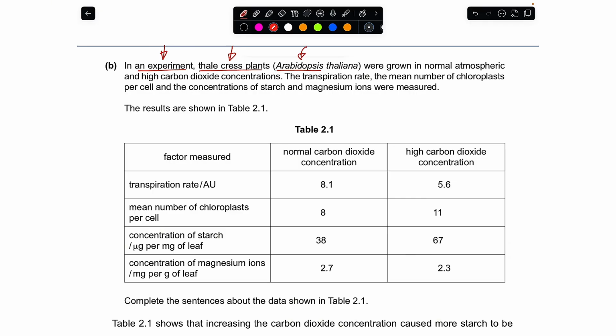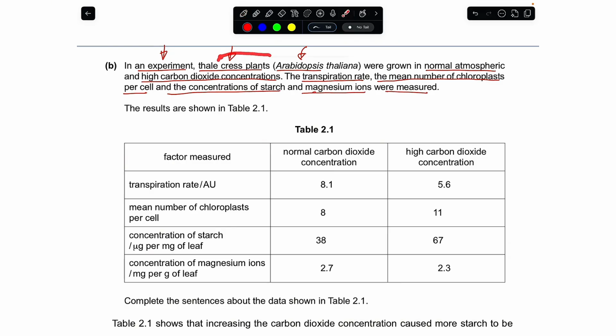The genus is Arabidopsis and the species is thaliana. Coming to this part B, they say that they carried out this experiment on the tail cress plant, and the plants were grown in normal atmospheric and high carbon dioxide concentration. Further, they tell us that the transpiration rate, the mean number of chloroplasts per cell, and the concentration of the starch and the magnesium ions were measured.